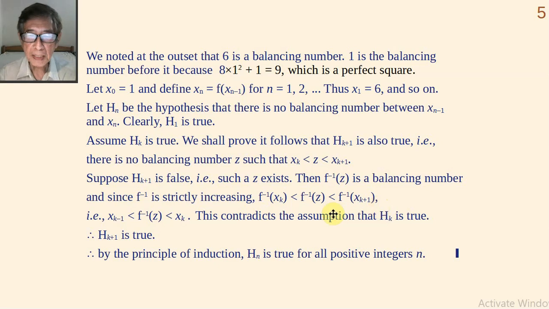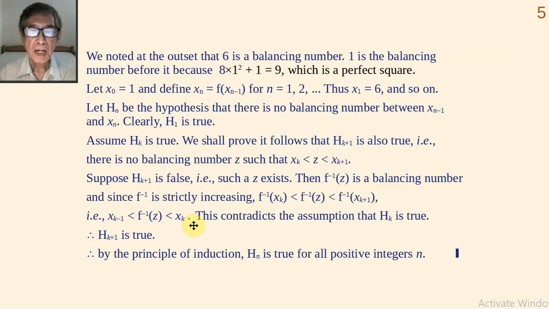That is to say, xk minus 1, which is this, is less than f inverse z is less than xk, which is this. But this contradicts the assumption that Hk is true because Hk says that there is no balancing number between these two.